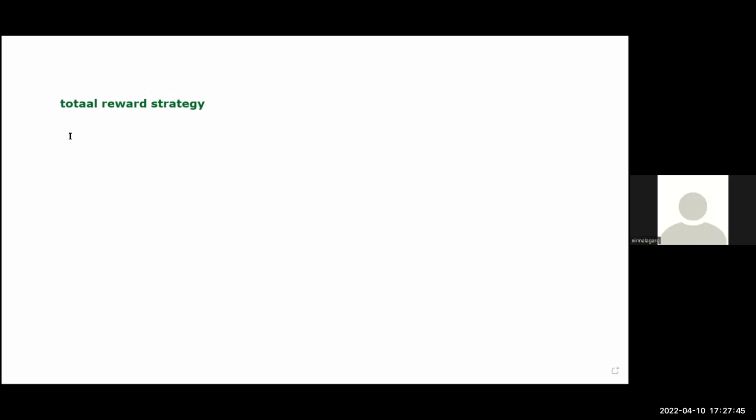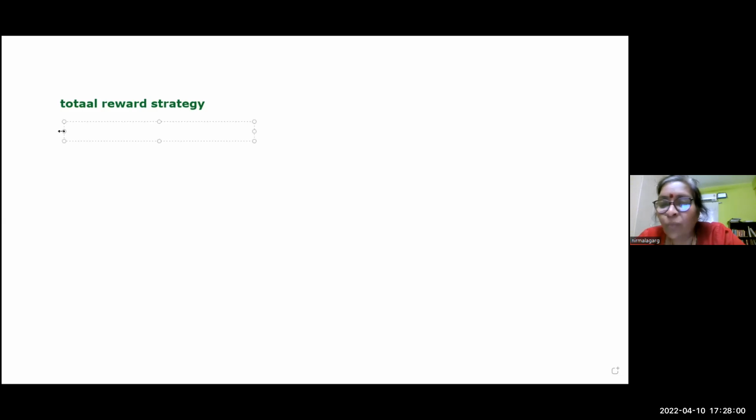When we talk about total reward planning, it is an annual exercise which talks about wage cost, ECR ratio, etc. But when I talk about total reward strategy, this is the current currency which World at Work talks about. Please go to the internet and find out who came up with this.